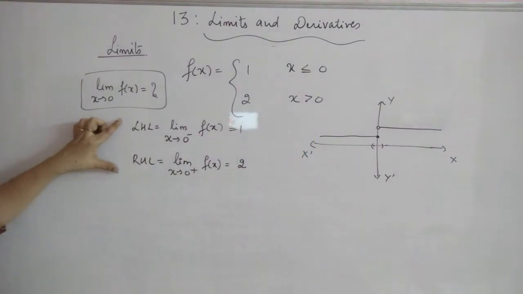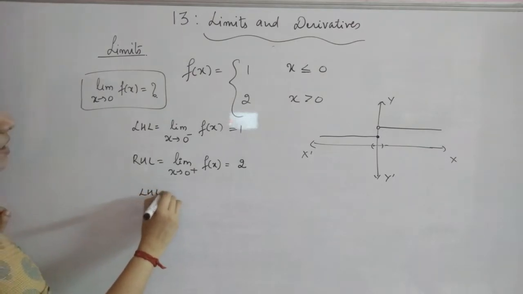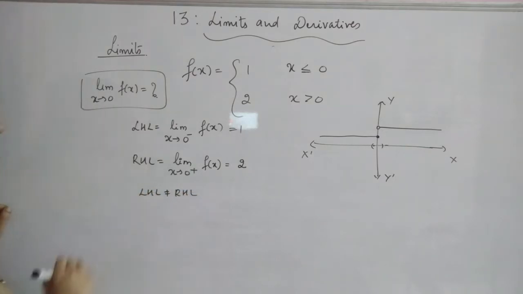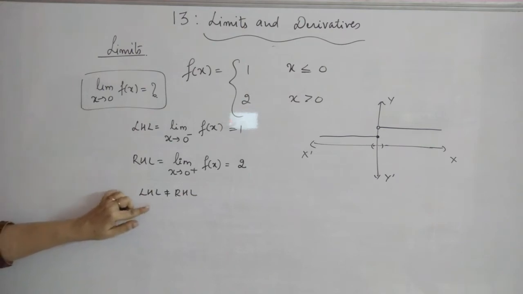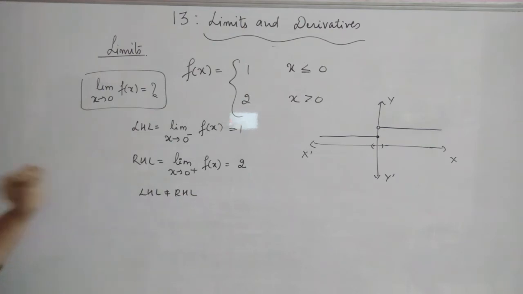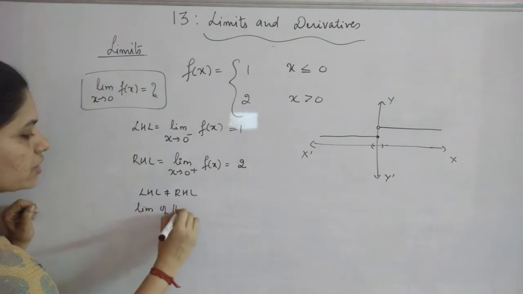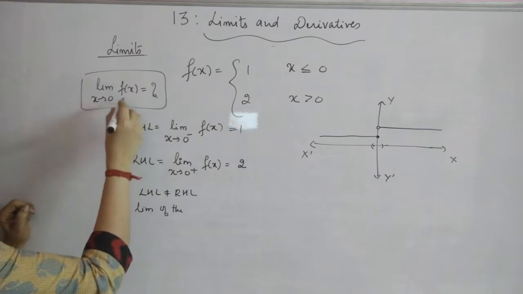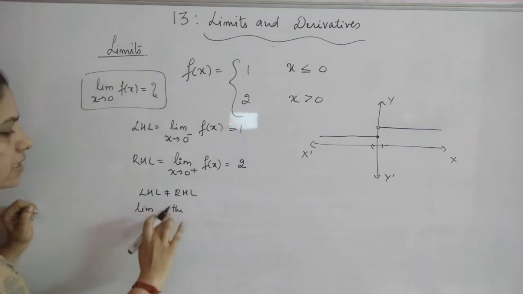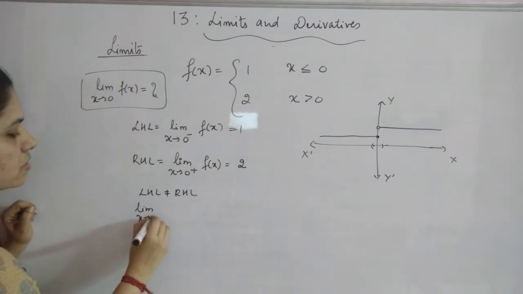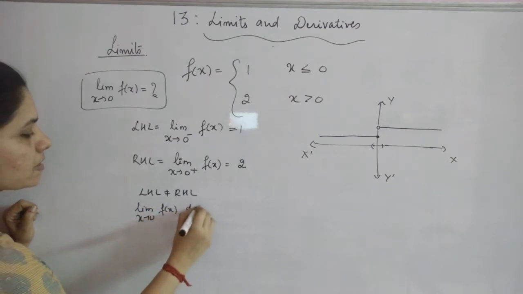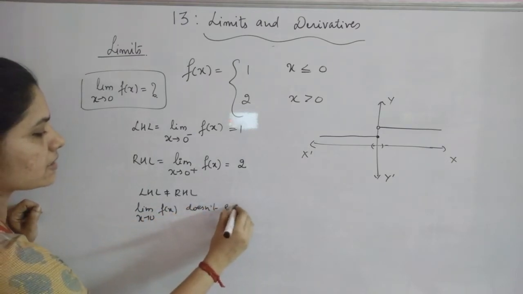So here you can see that the left hand limit is not equal to right hand limit. And when you have left hand limit not equal to right hand limit, you will say that the limit of the function does not exist. Limit x tends to 0 f of x does not exist.